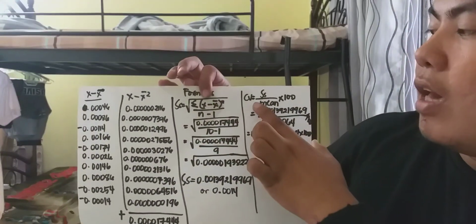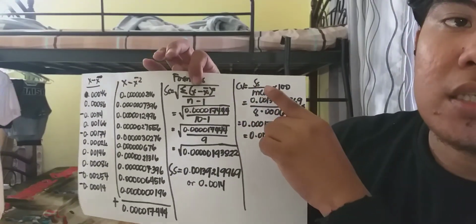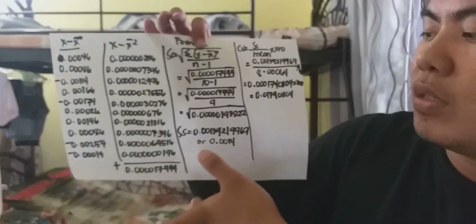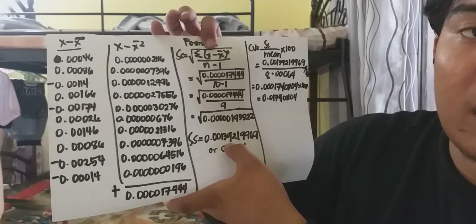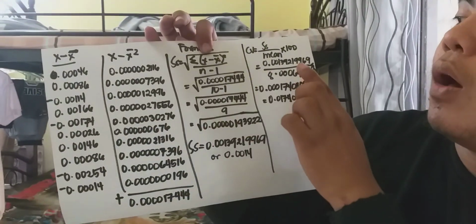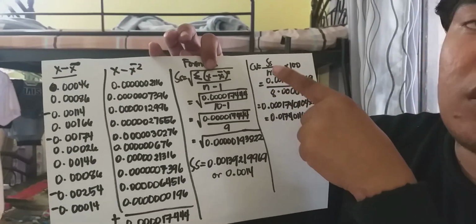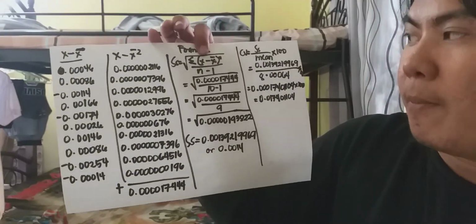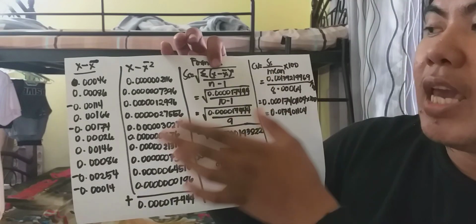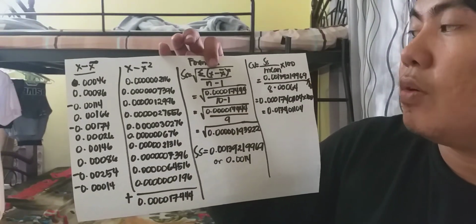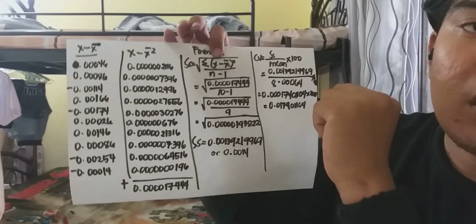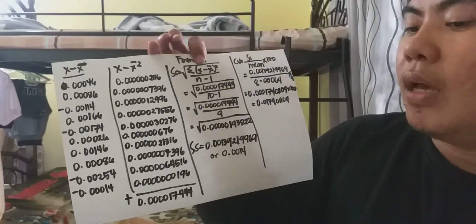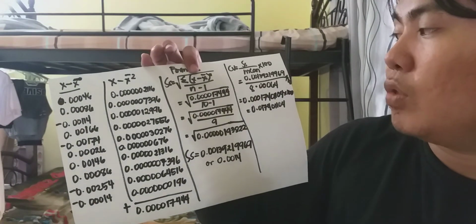CV is equal to the standard deviation, which is 0.00139 that we solved earlier, over the mean, which is the total of our weighted measurements. The mean is 8.00064 grams. Then we multiply it by 100 to get our relative standard deviation.